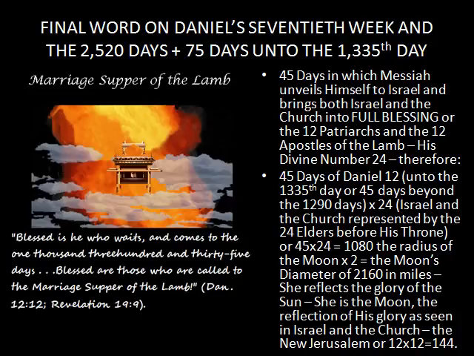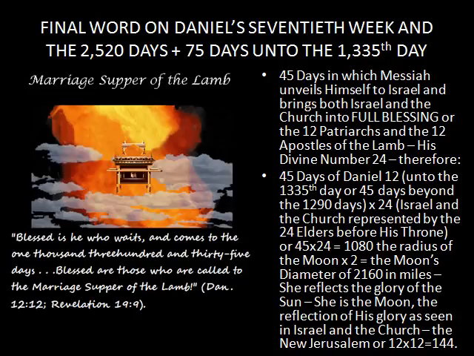45 days in which Messiah unveils himself to Israel and brings both Israel and the church into full blessing, or the 12 patriarchs and the 12 apostles of the Lamb, his divine number in working with man, 24.